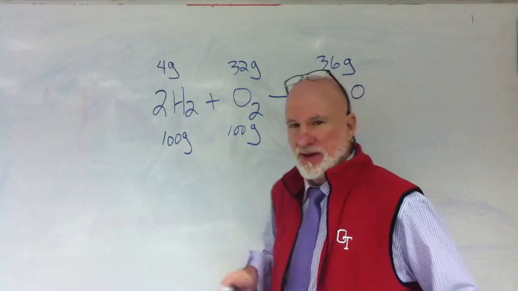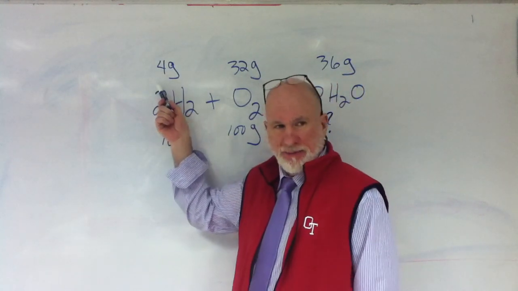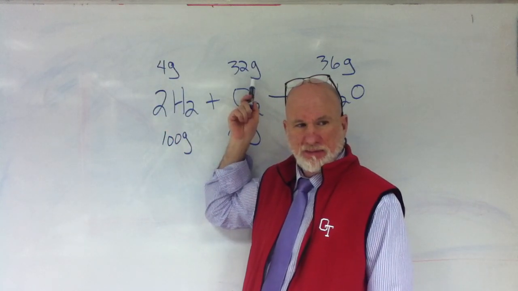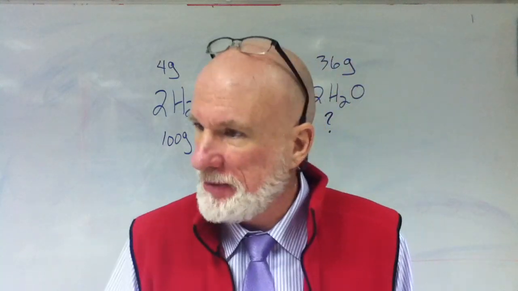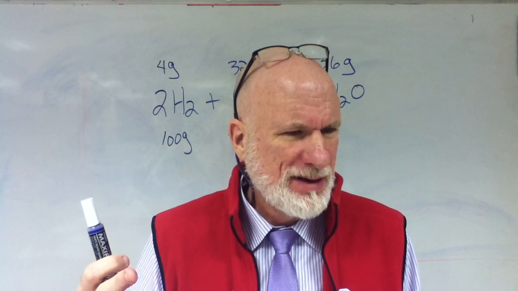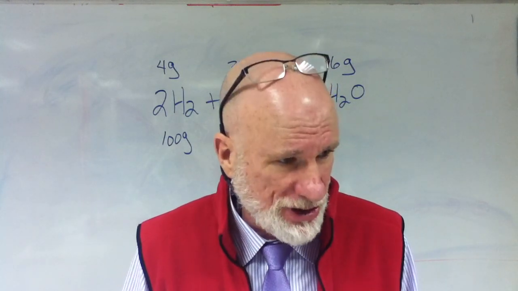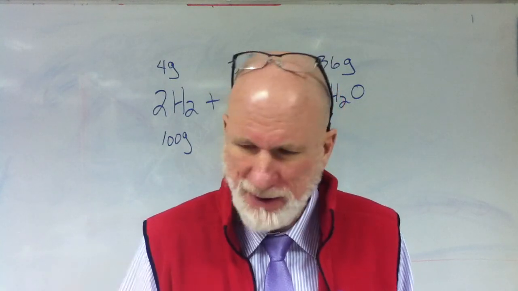Think of it this way. If you have 4 grams of hydrogen, how many grams of oxygen are you going to need? 32 grams, right? I said water, I might have, whatever.